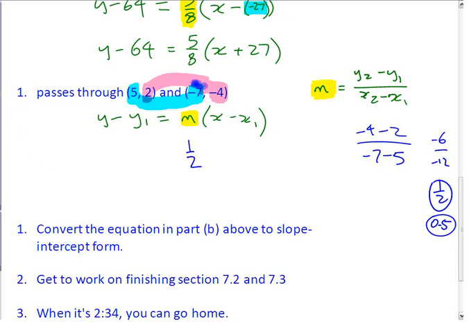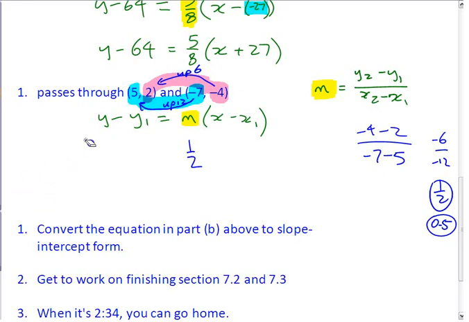Or you could go the other way, right? This is up 6, and this is up 12, right? If they both go up, it's going to be a positive slope. It's 6 over 12, right? Whether you have negative 6 over negative 12 or positive 6 over 12, you get the same thing.